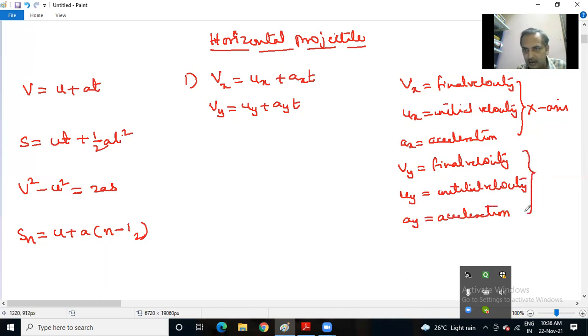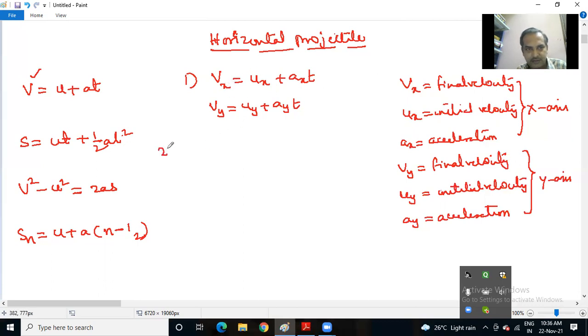These three are along the y-axis. So this will be the transformation of the first equation when the body moves in a plane. There will be physical quantities in the x direction and y direction.